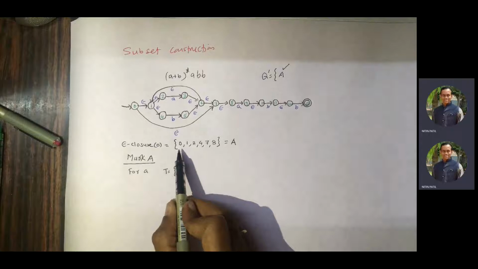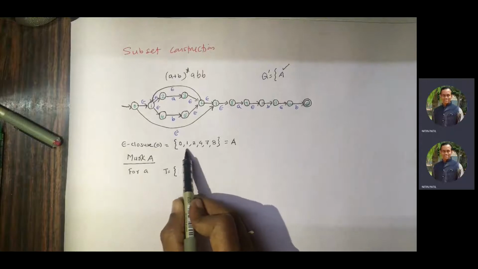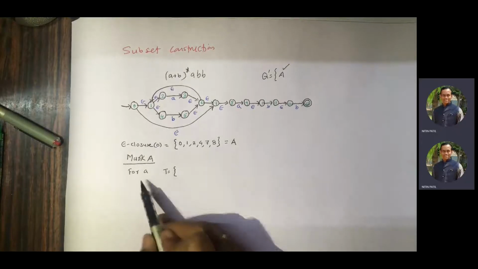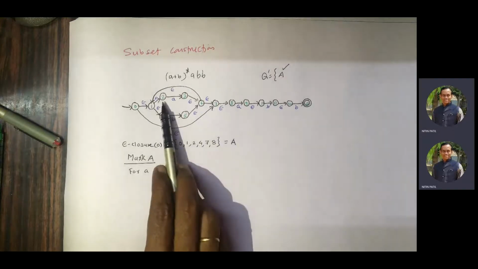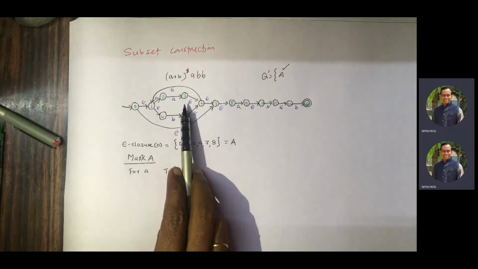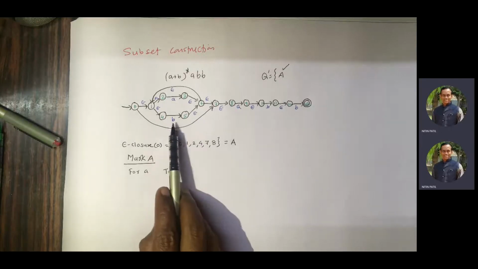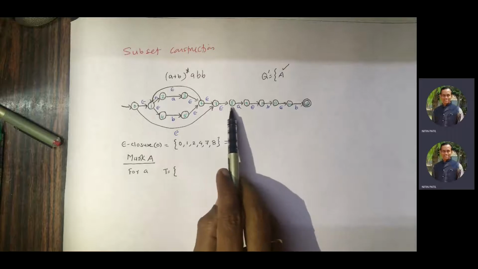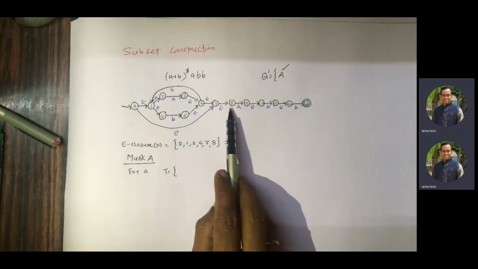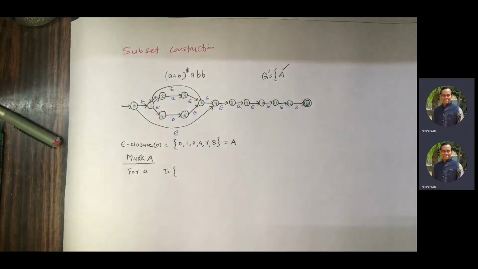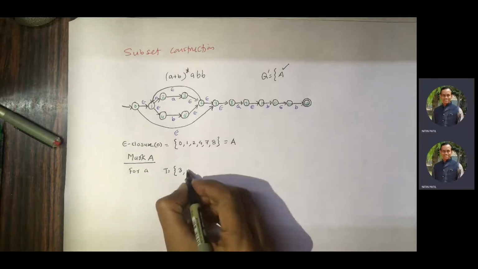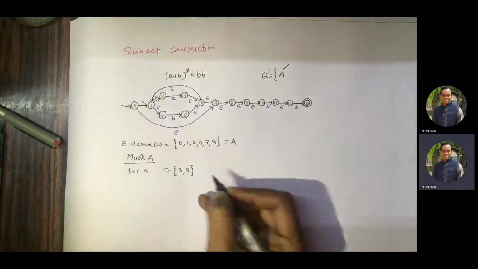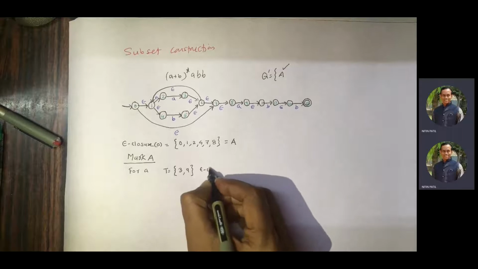Now try to see from which states among this set there is a transition with input A. From 2, we have a transition to 3. From 4, no, because it is with B. From 8, yes, we have. So wherever the transitions from 2 go, you add 3 here, and from 8, where it goes, you add it here. Now compute the epsilon closure of T.